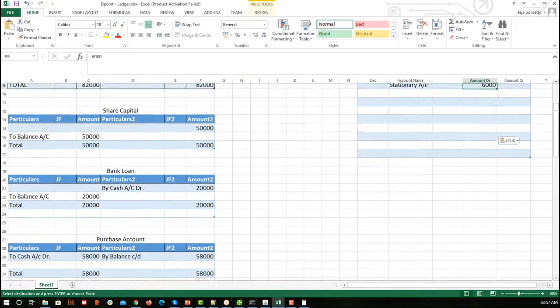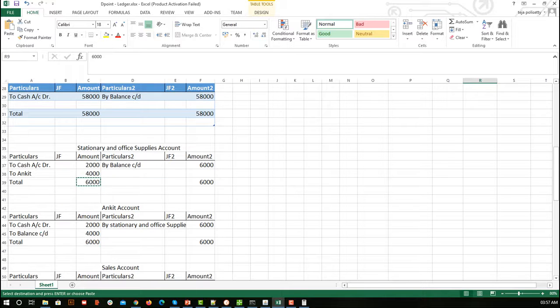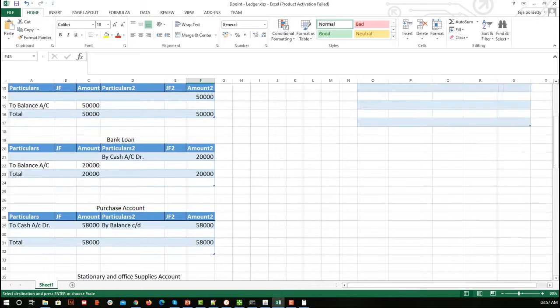Next, after stationery account we have Ankit's account. So in Ankit account we have to balance here, means on RHS side we have what amount more, like here we are bringing to balance 4,000, means here we have 4,000 more, so we are going to have 4,000 on our CR, that is Ankit account 4,000 CR.